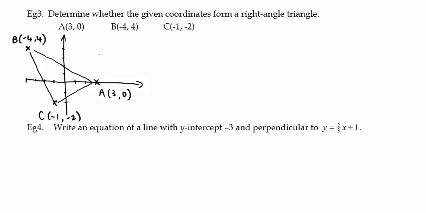At which point would you see a right angle? Would it be angle A, angle B, or angle C? Angle C. We are suspecting that this will give us a right angle, but for now, not sure.